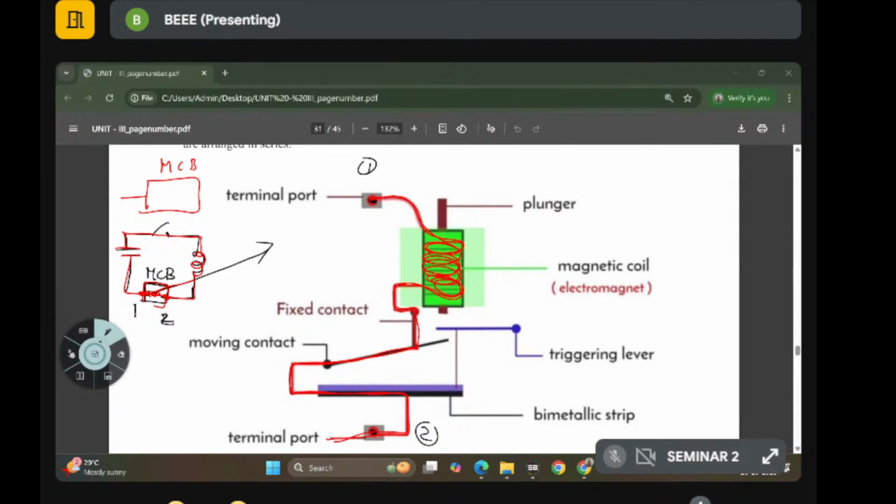Here it is a fixed contact. This one is a moving contact. The blue one is the moving contact, and this coil is the fixed contact.